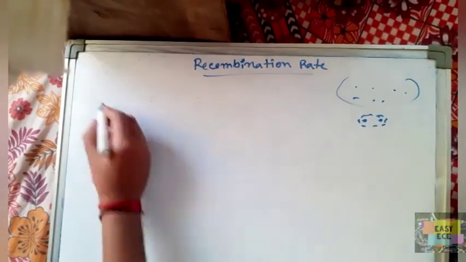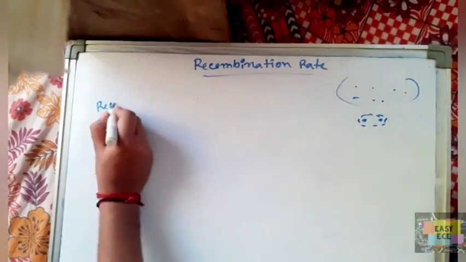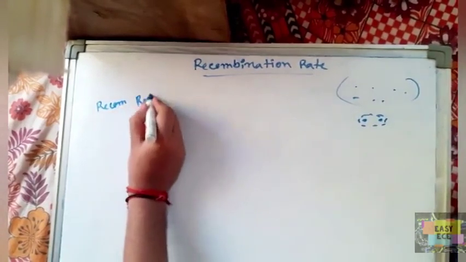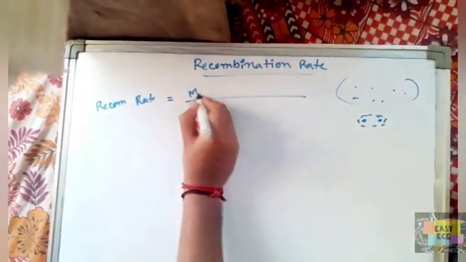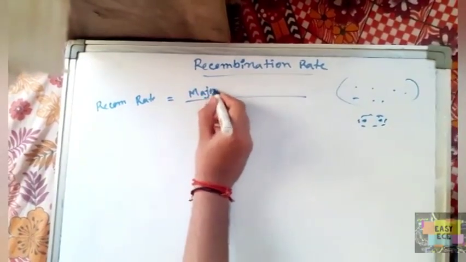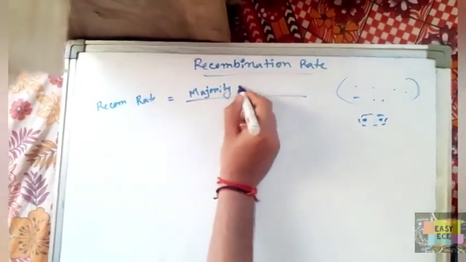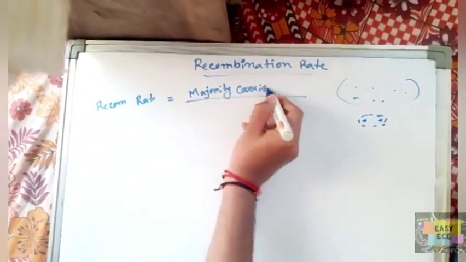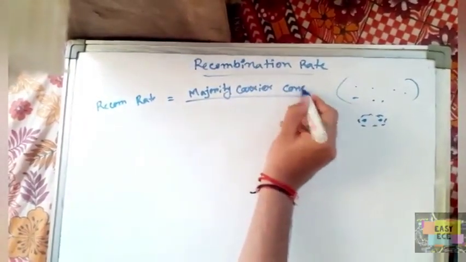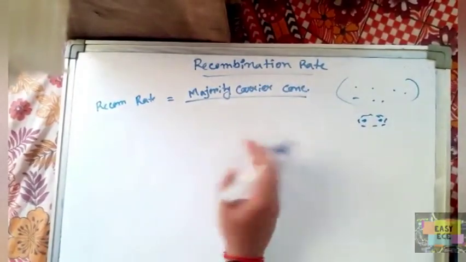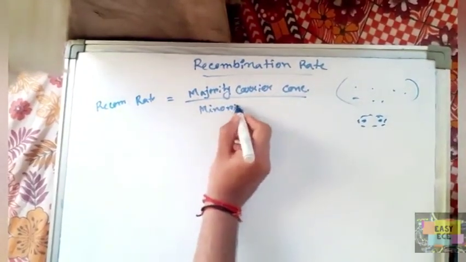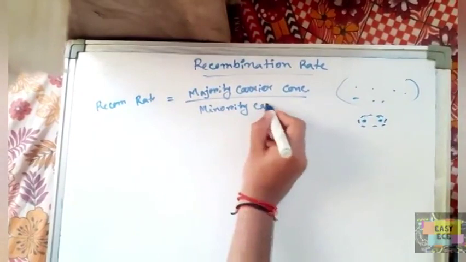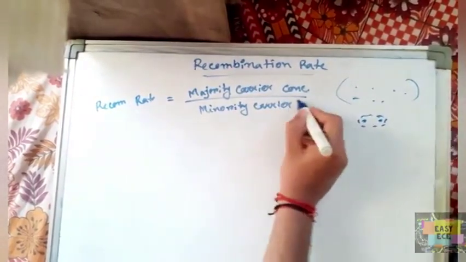Now the formula of recombination rate equals majority carrier concentration divided by minority carrier lifetime.